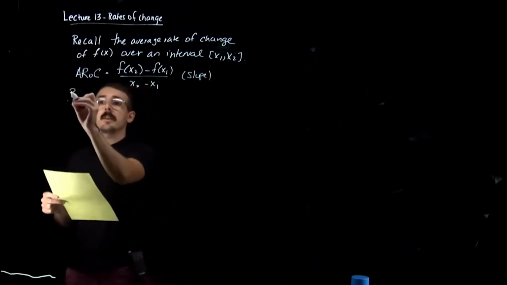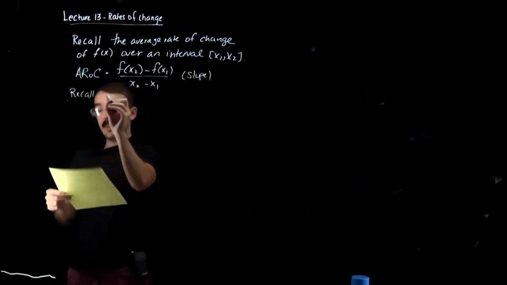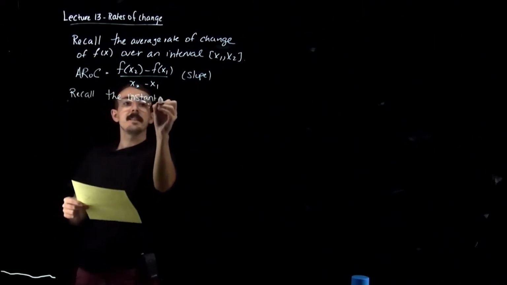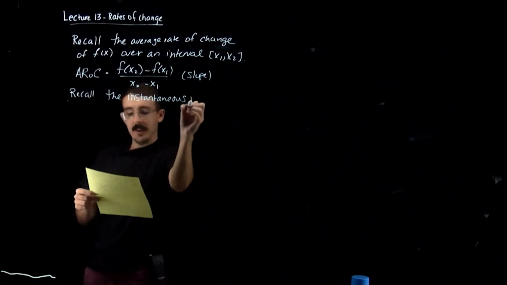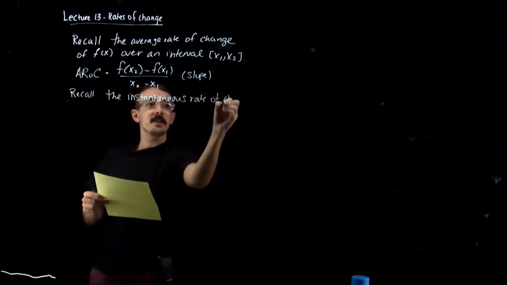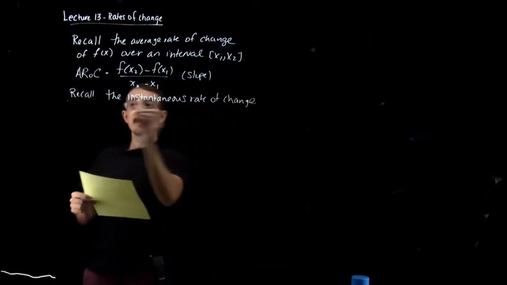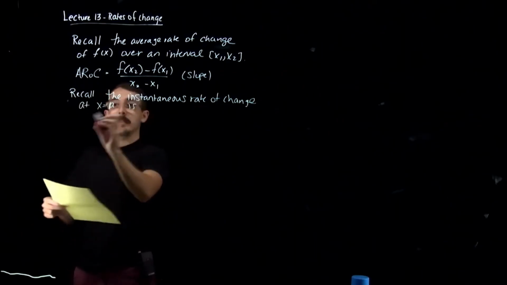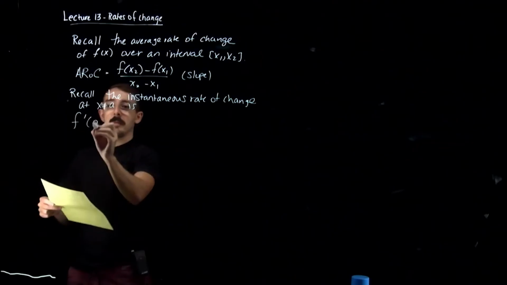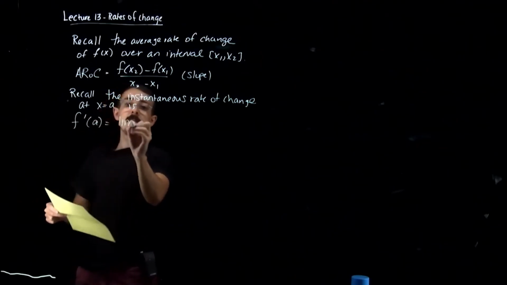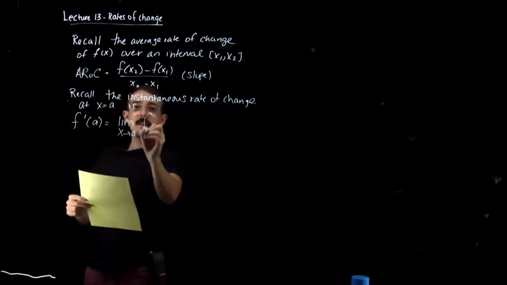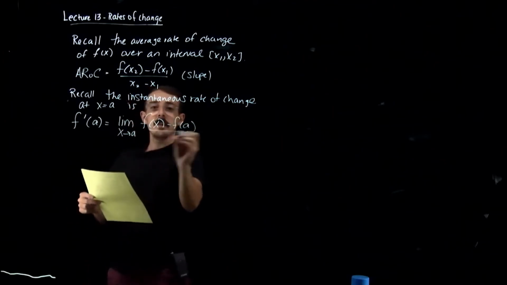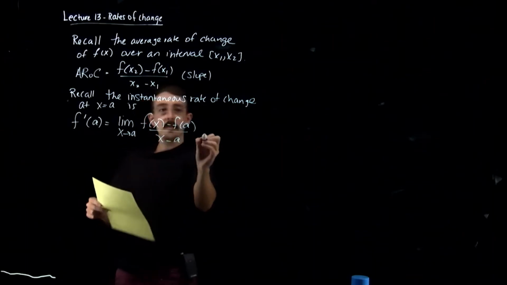And I also want us to recall the instantaneous rate of change at x equals a is given by f prime of a equals the limit as x goes to a of f of x minus f of a over x minus a.